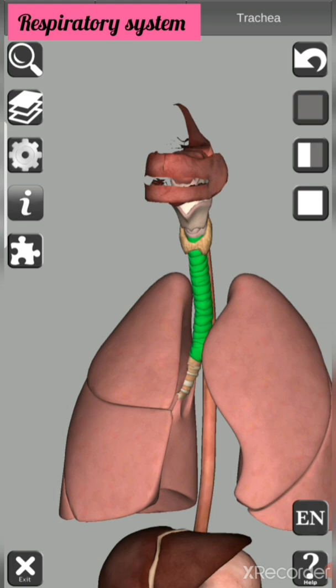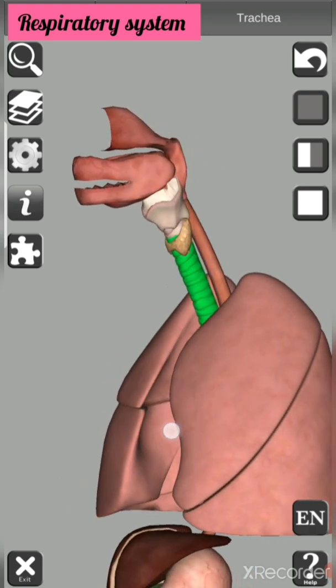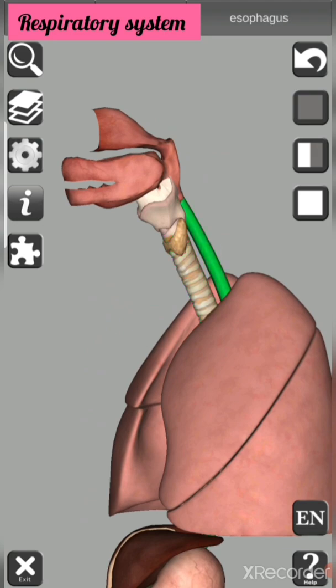If you touch your neck, you feel there is a ring-like structure on your windpipe. We can feel those ring-like bony structures on the trachea. This is our windpipe, and slightly toward the back you find one more pipe. This is our food pipe, also known as the esophagus.